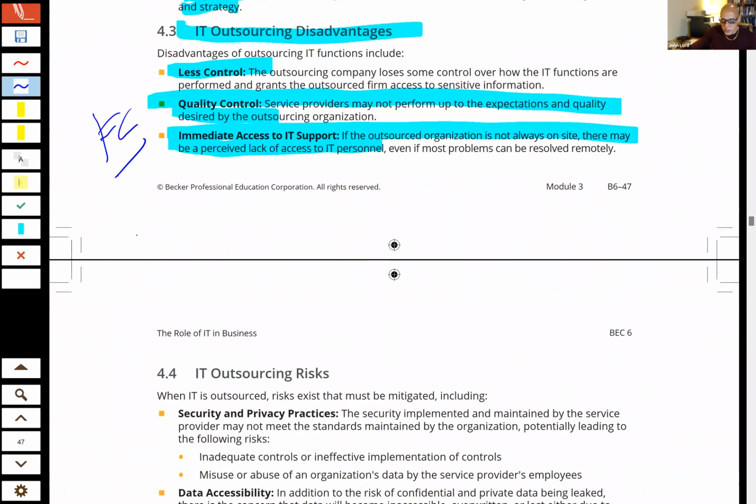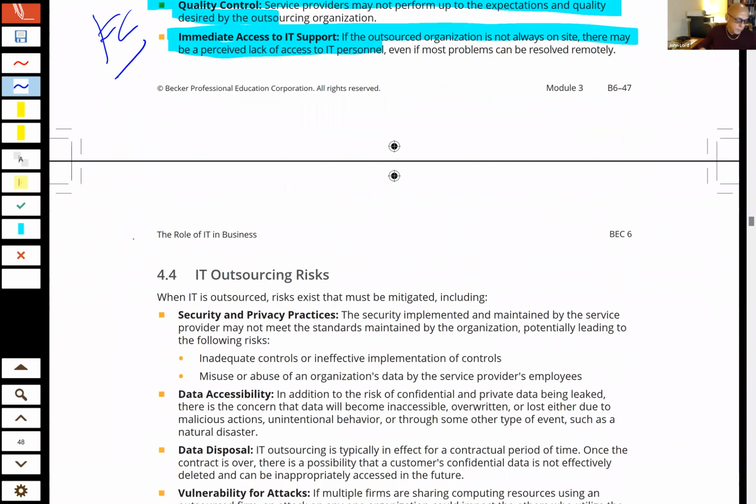IT outsourcing risks, let's take a look at some of the risks. One of the big ones, and you can flashcard these, is security and privacy practices. If you're in a highly regulated entity where we have to secure data, like a healthcare entity, you're probably not going to be as much involved in outsourcing because you want to make sure that you have the adequate controls.